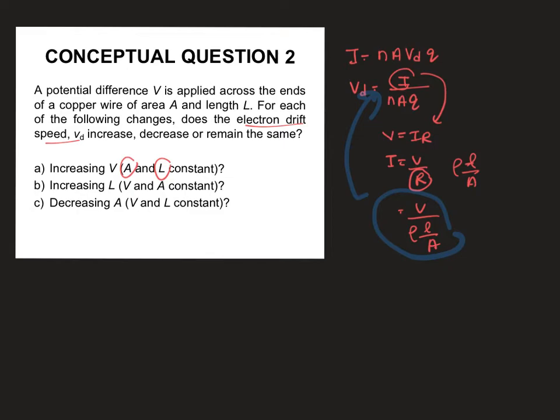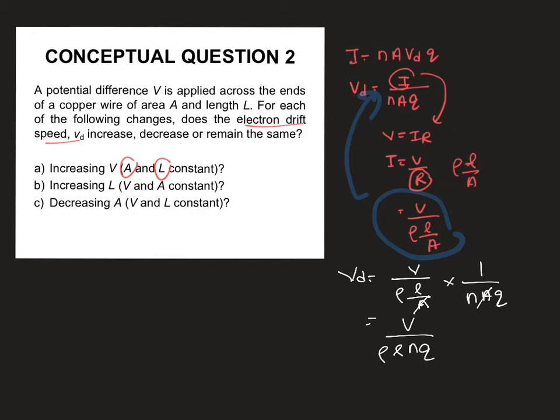Therefore, vd equals voltage over resistivity times length over area, times 1 over nq. The area can be cancelled out, and then my answer is vd equals V over resistivity, length, charge density, and also q.